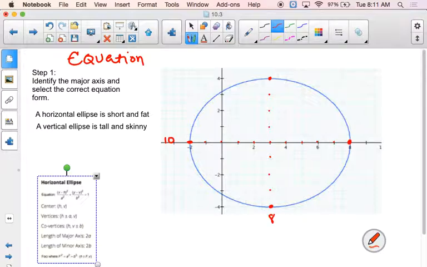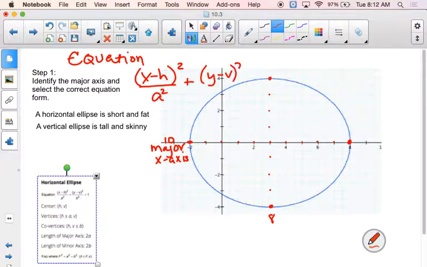Okay, so that means that my major axis is going to be on the x-axis, and so that is going to give me a horizontal ellipse, and so it looks shorter and fatter. So that means my equation is going to be x minus h squared, and a is going to be first.